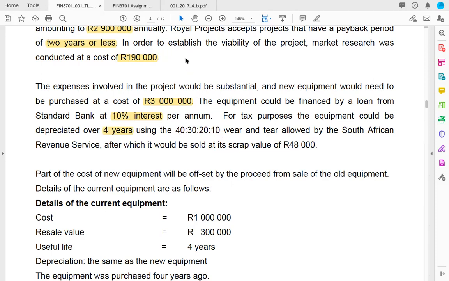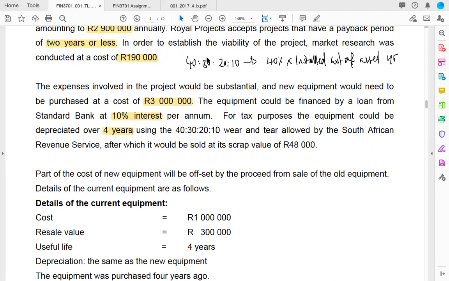Okay, when you see something like this in the exam, 40, 30, 20, and 10, this means that in year 1, depreciation will be 40% of the installed cost of the asset. That's what it means. That will be your depreciation in year 1.